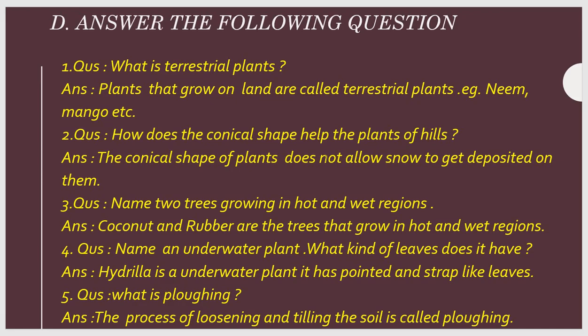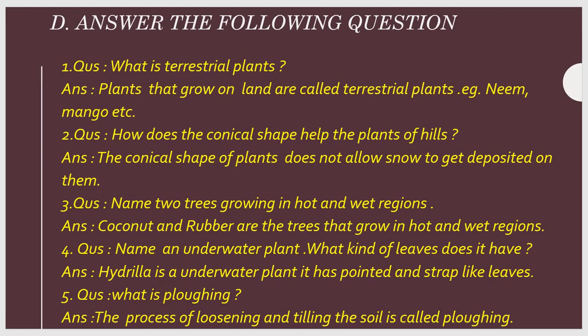Question number 5. What is plowing? The process of loosening and tilling the soil is called plowing. Children, you observed that farmers, before sowing the seeds, prepare their soil for sowing the seeds.